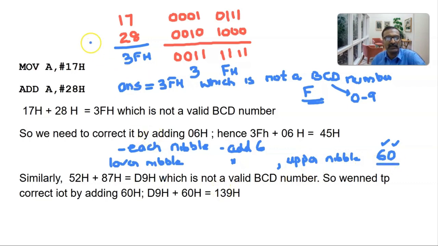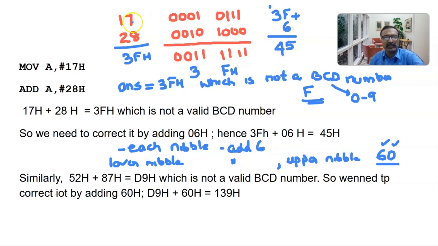Let us add and see. We have 3F here. Let us add 6 since it's an invalid number. So F plus 6 is 0, 1, 2, 3, 4, 5. Carry will be there. 3 plus 1, 4, so 45.